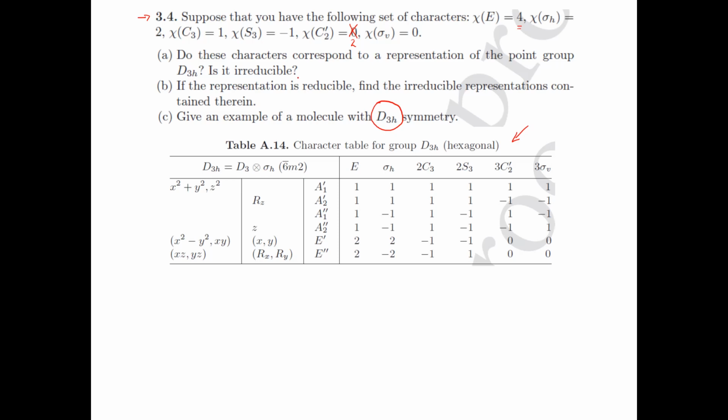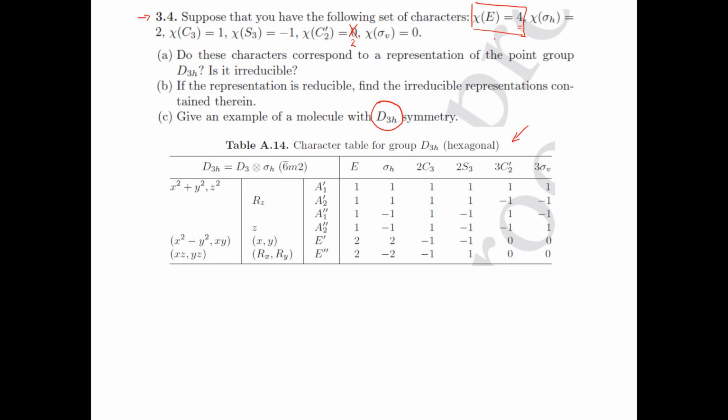Well, if it is a representation, it is certainly not irreducible. It's a reducible representation. Why? Because the character for the identity is 4, and the character for the identity class tells you the dimensionality of the representation. So this is a 4-dimensional representation. For each one of the symmetry operations, you have 4x4 matrices, right?